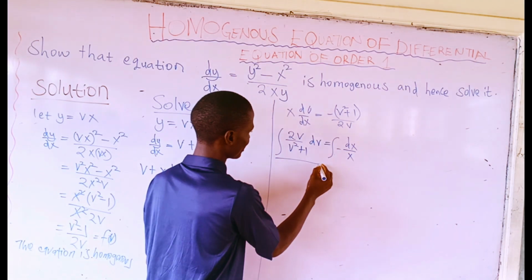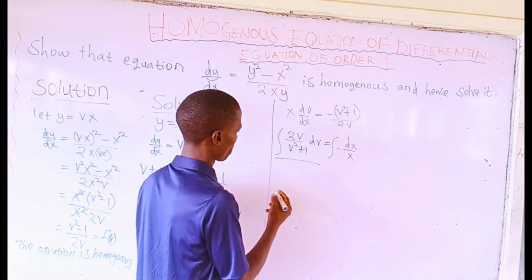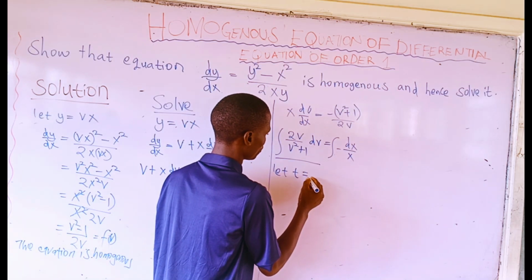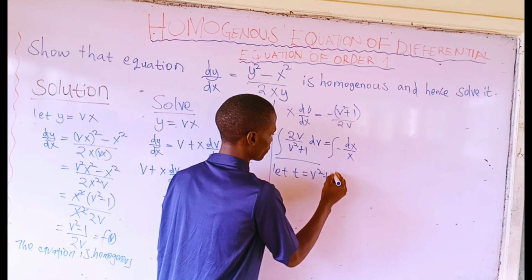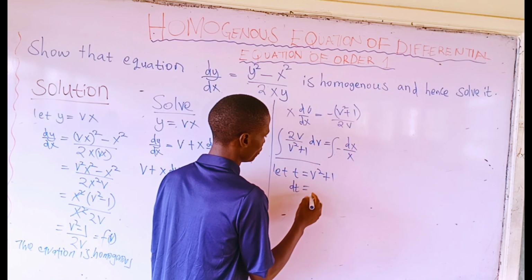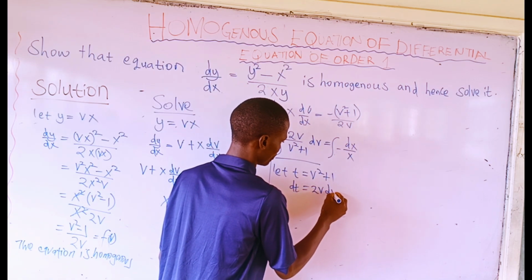To integrate this equation, we are going to use integration by substitution. So we are going to let t is equal to v squared plus 1. dt is going to give you 2v dv.